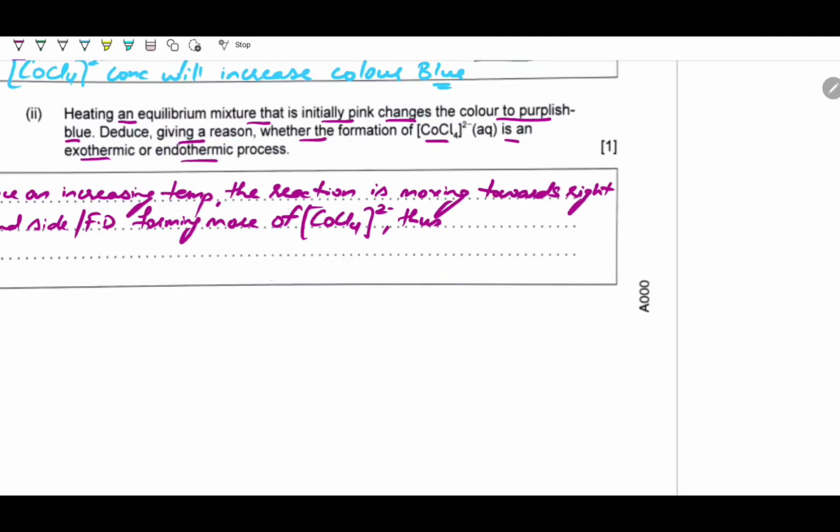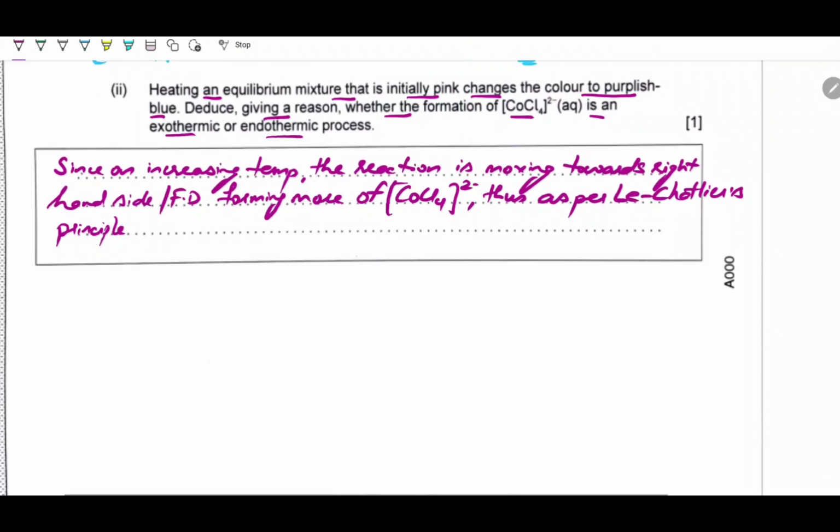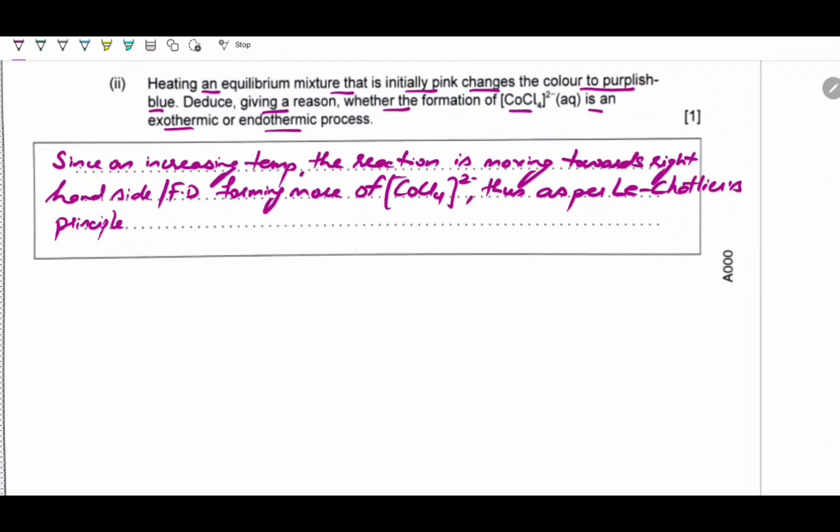Thus, as per Le Chatelier's principle, as we increase temperature, the reaction always moves towards the endothermic side. Thus, as per Le Chatelier's principle, the forward reaction should be endothermic in nature. Okay, endothermic.